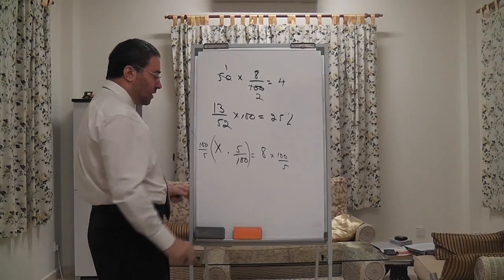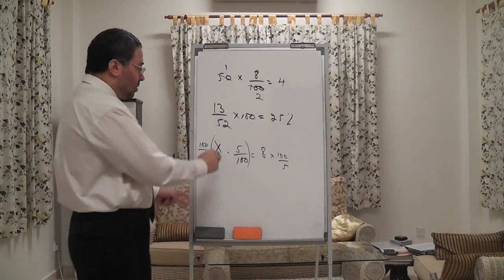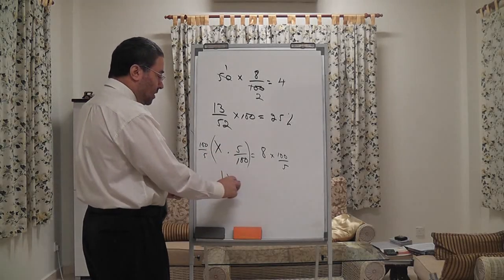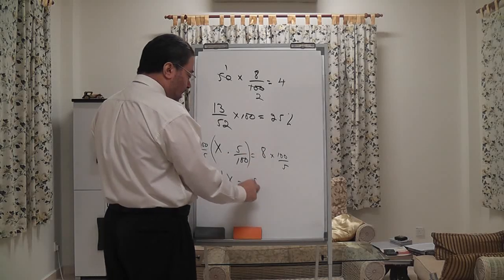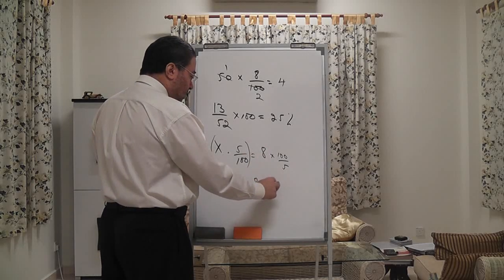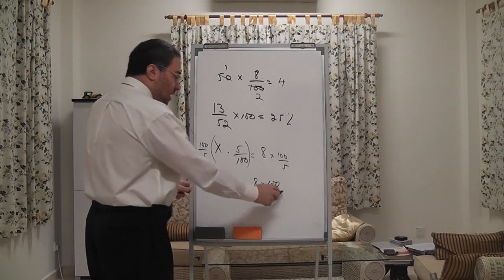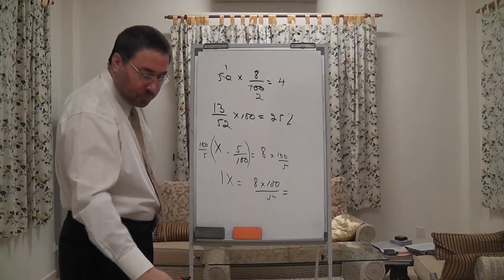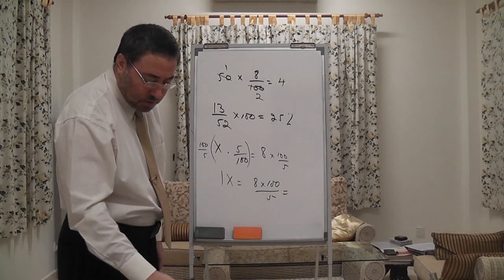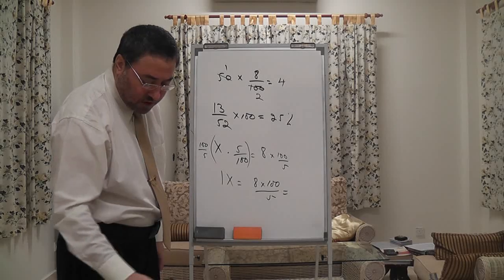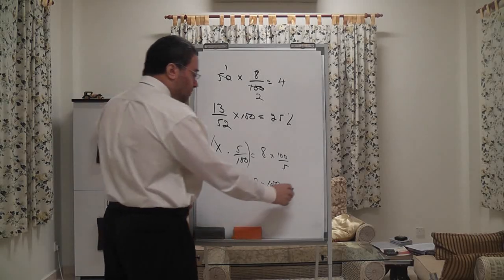These two are reciprocal and they give 1. So on this side we will have 1x, and on the other side we have 8 times 100 over 5. And x equals 8 times 100 divided by 5, 160.